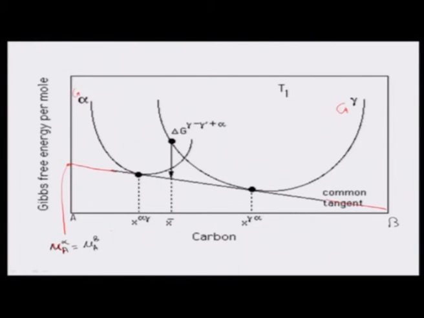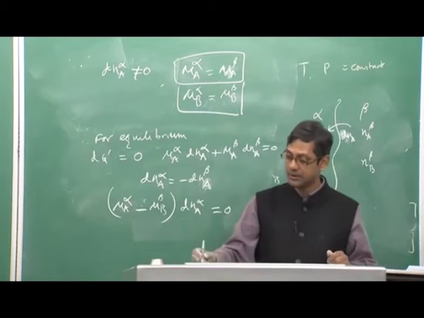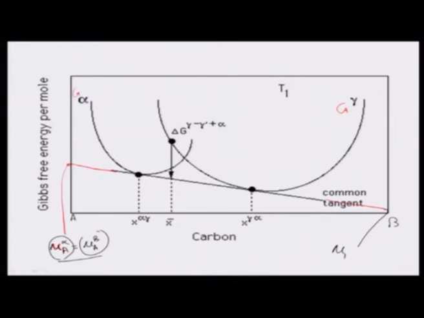So this curve tangent will tell me mu A in the alpha phase, this curve tangent will tell me mu A in the gamma phase. So this condition is satisfied here. Similarly here mu B alpha equal to mu B gamma. Sorry, this is not beta, this is gamma, here we have drawn gamma, so please make the changes.